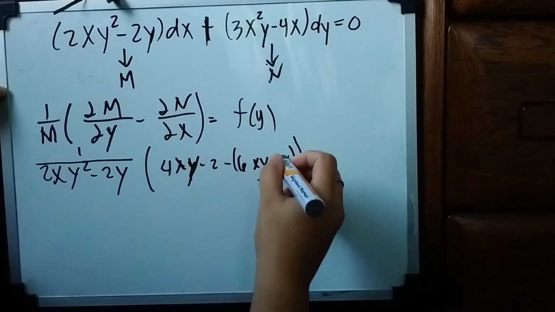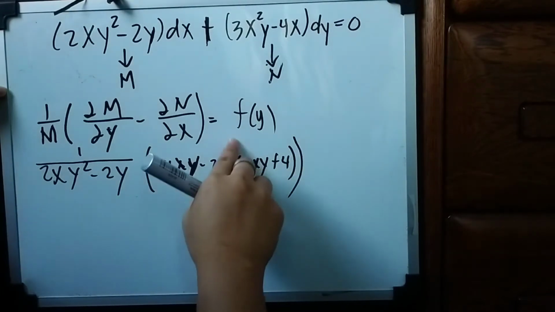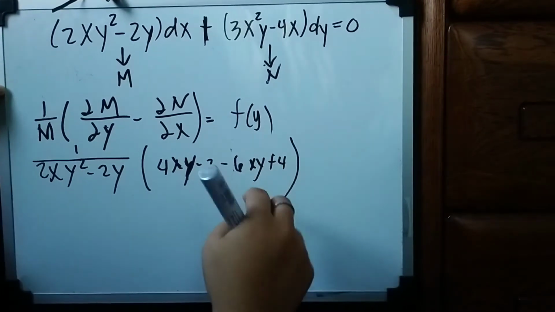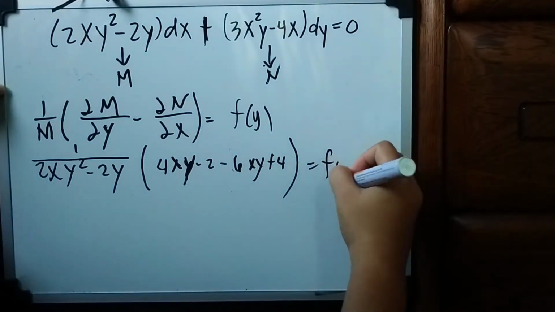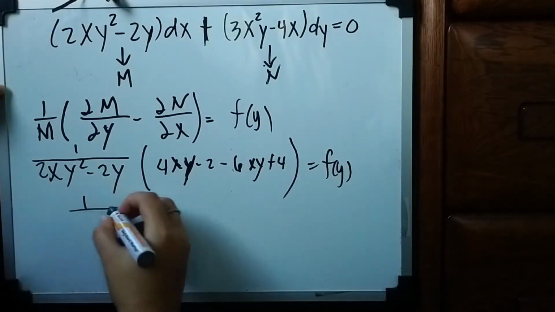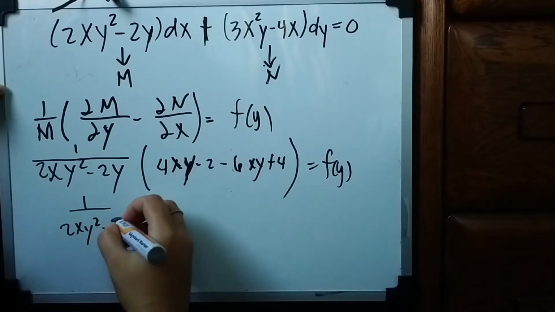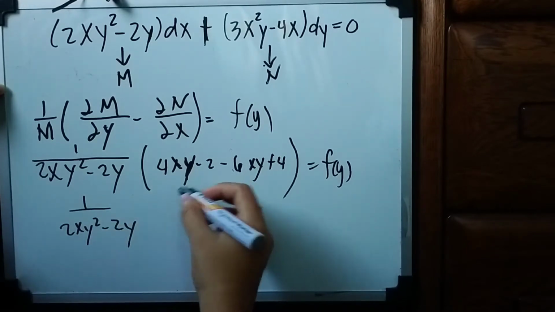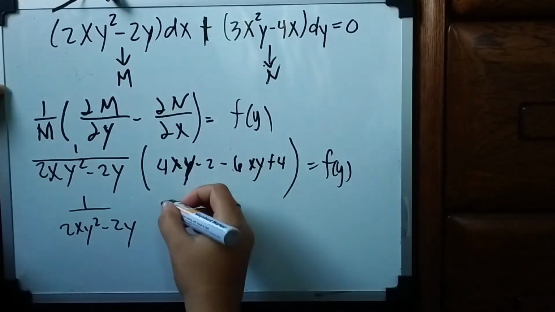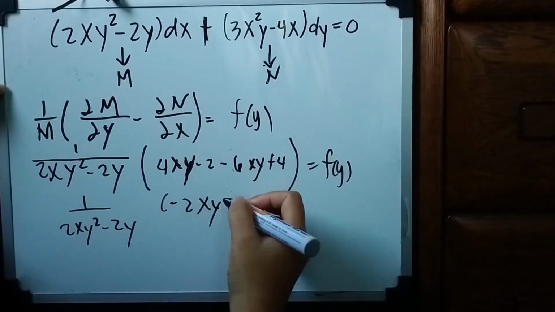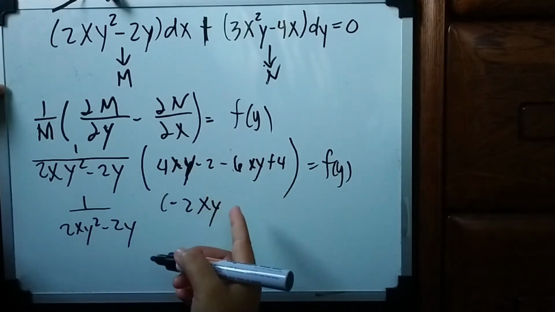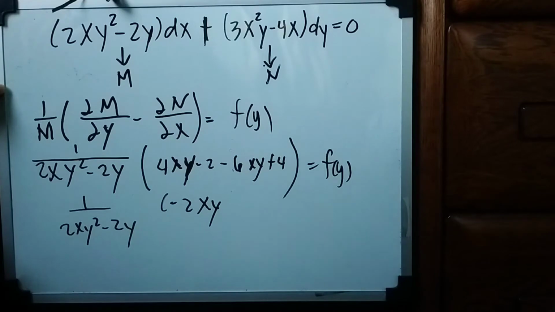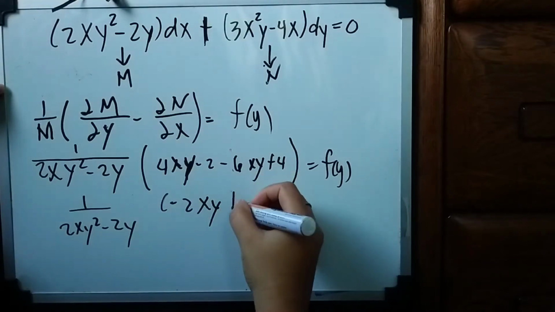This will become negative, this will become positive, so let's remove these parentheses already. And then we will have 2xy squared minus 2y. This is to negative 2xy, negative 2xy, and then this is plus 2.